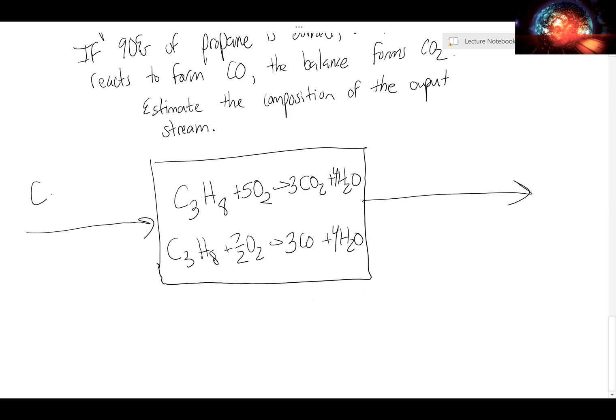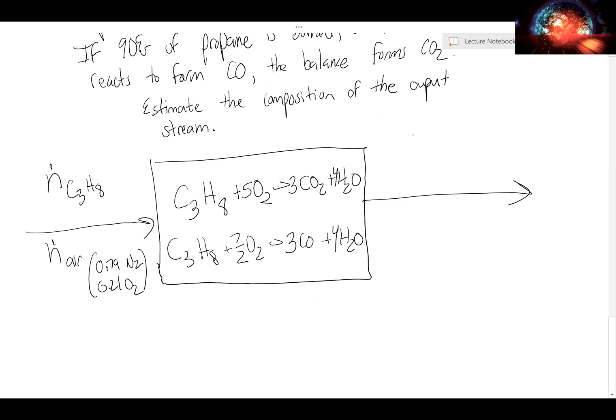So I have C3H8 being fed into my process, and I also have air, which is 79% nitrogen, 21% oxygen.